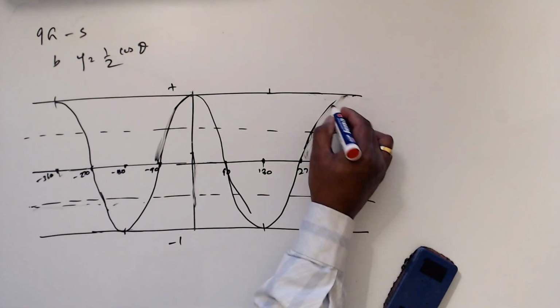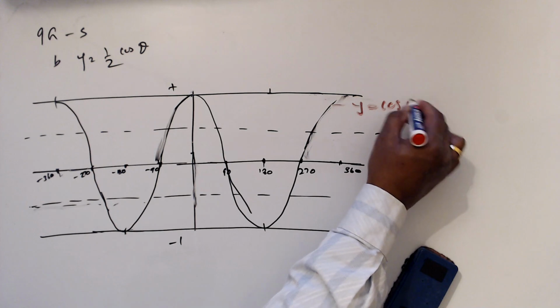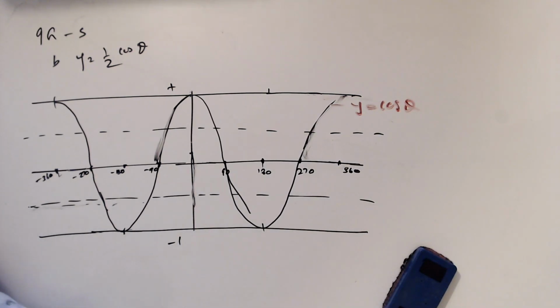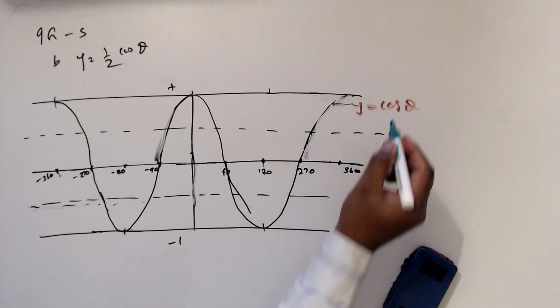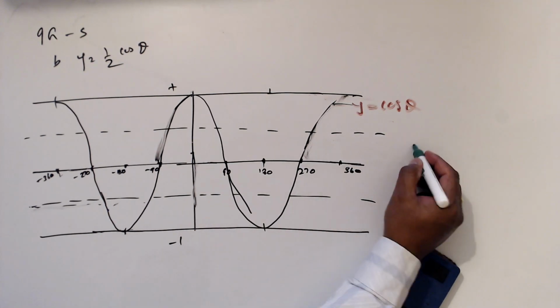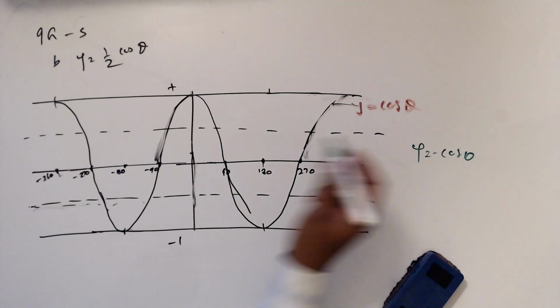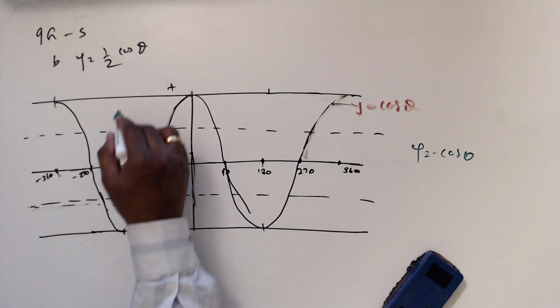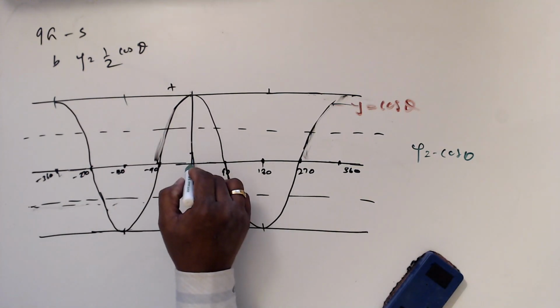This one is y equals cos theta. And y equals cos theta. Then y equals minus cos theta has to go opposite, so like this.